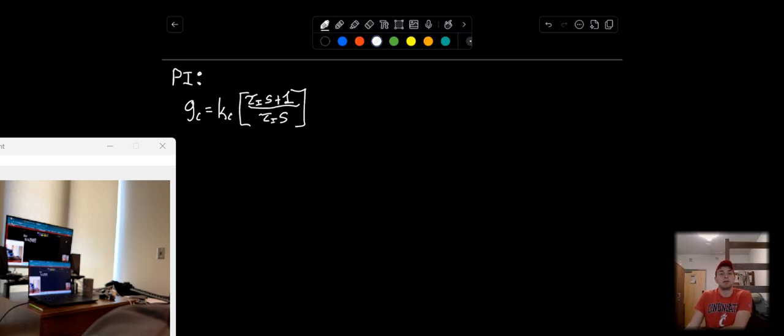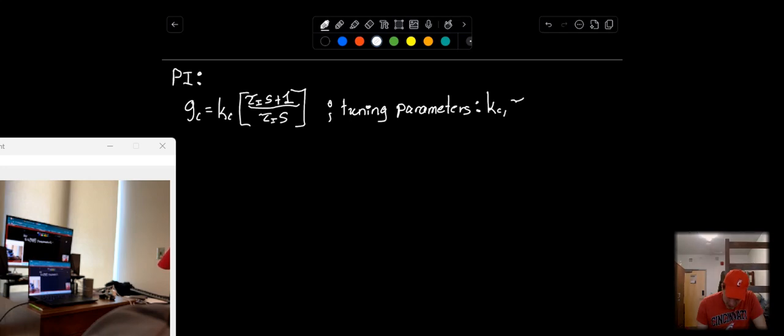So we know that's our gain function here. Our two tuning parameters, and we can get into why we call them tuning parameters. This is going to be a little bit more featured in the next video. But our tuning parameters are Kc and tau I here.